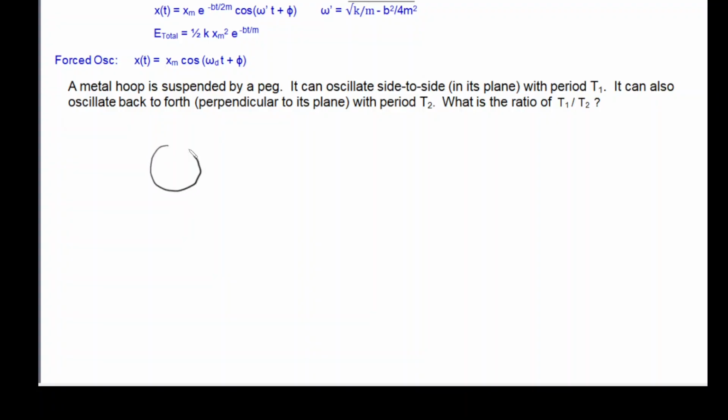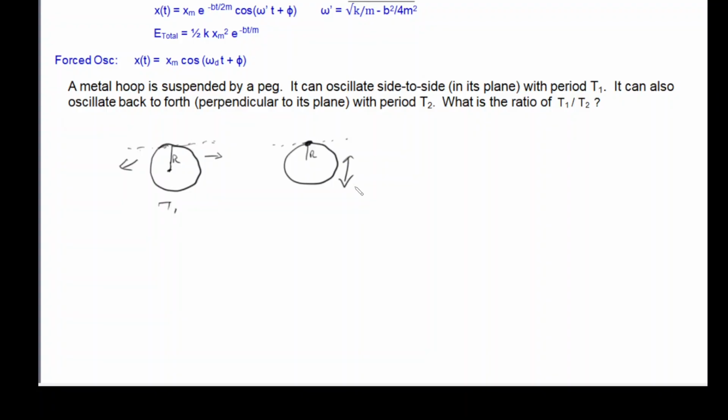We have a metal hoop, and it's got a radius r, and for T1 it's rotating side to side. And now we take the same hoop, radius r, and in this case it's rotating back and forth.